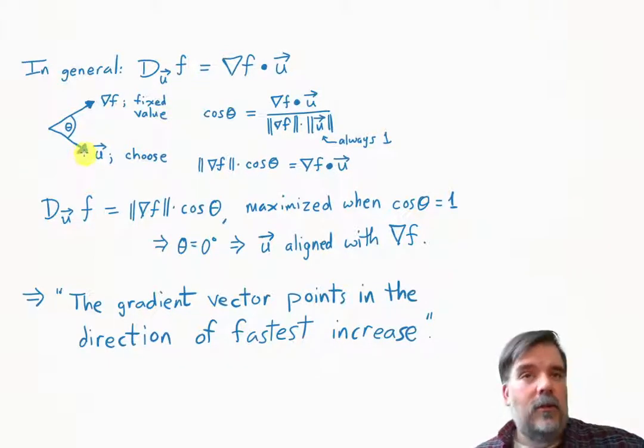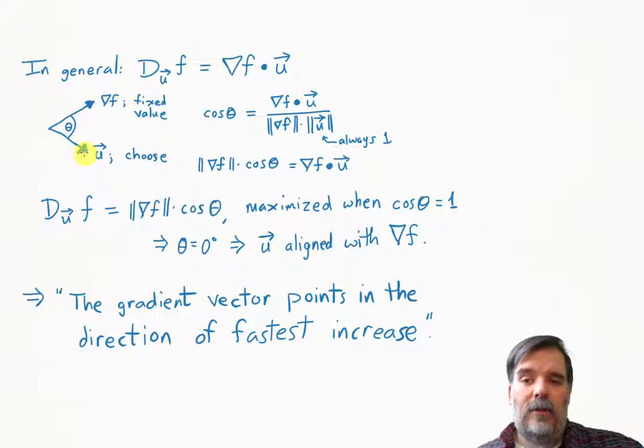It's the direction, the unit vector u, that we're allowed to choose. There is some angle between these two vectors, call that angle theta, and the cosine of that angle is equal to the dot product of the gradient and the unit vector divided by the length of the gradient times the length of the unit vector. That's always 1, so we can drop it out.